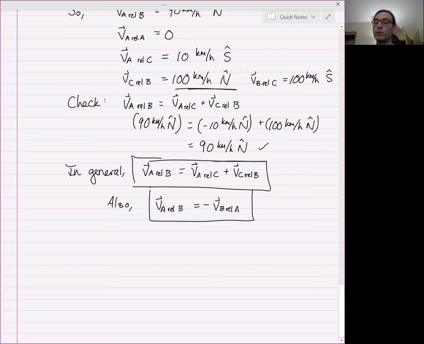So both of these are true. They're just true statements about how relative velocity works, at least at low speeds. When we get into relativistic speeds, things change. If you want more details, you can see section 1.8 in the online textbook.